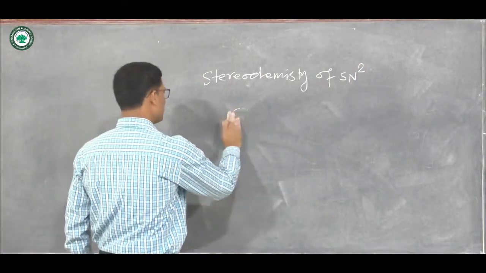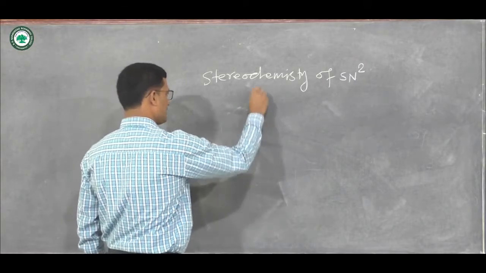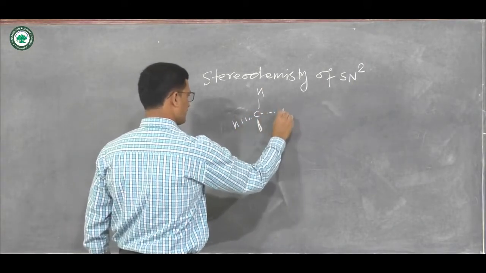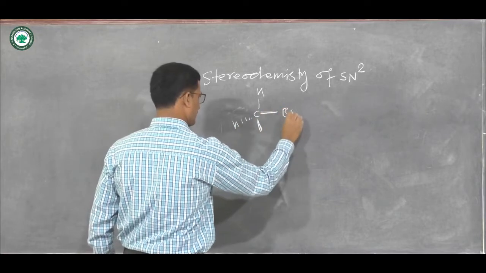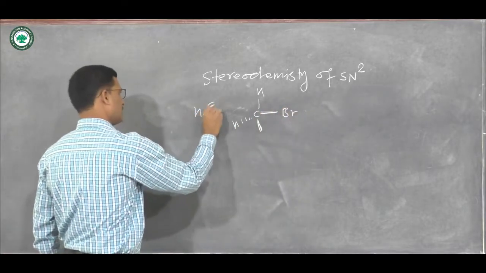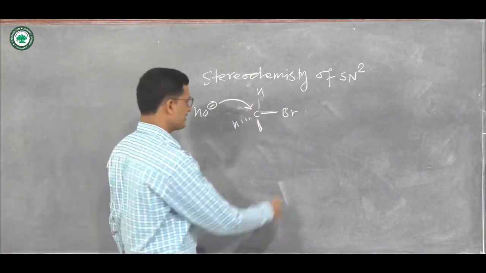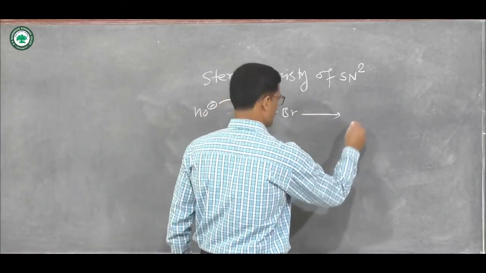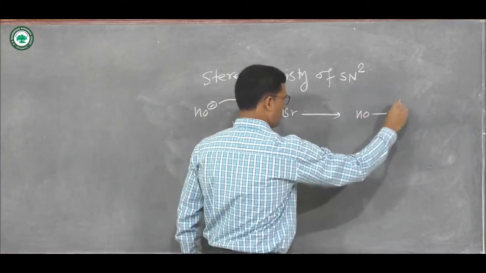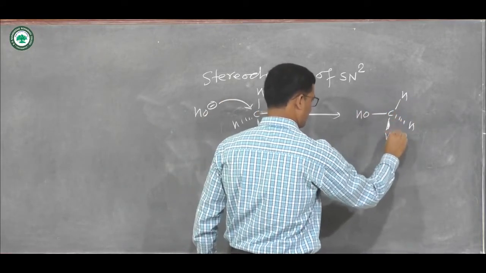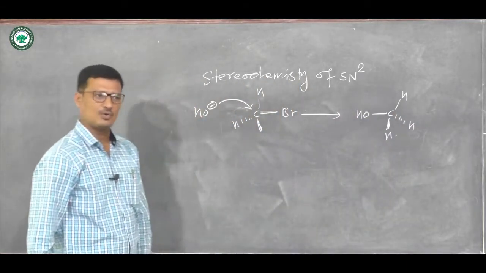We take one simple example. We already discussed that the nucleophile attacks the reactant or substrate from the back side. There is formation of a product, and when we write the product, it's methanol.